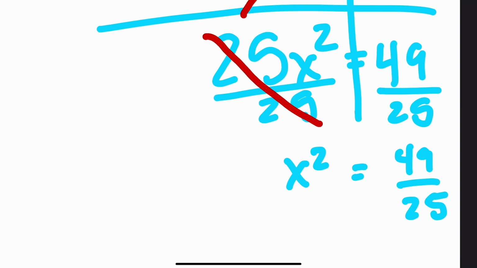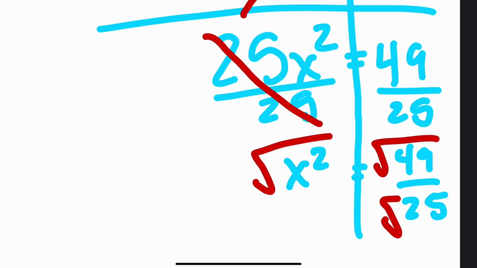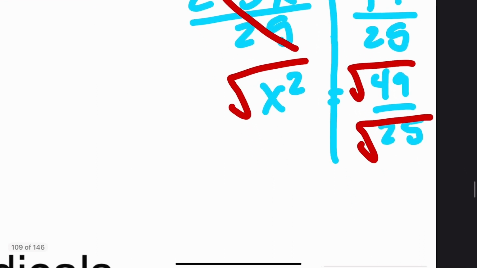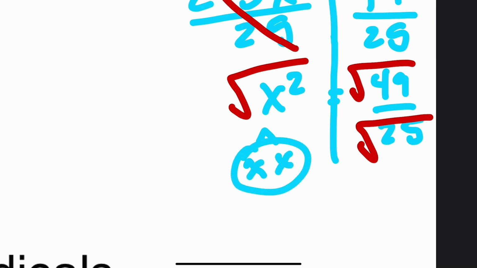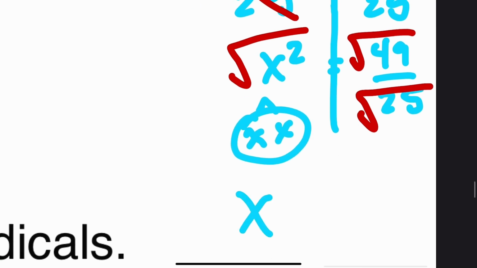Now I'm going to wait to divide these two. Usually our next step would be to do that, but since I need to square root next, I actually just want to square root both of those pieces. Okay, so one at a time. So taking a look, I know that for this guy, I got x times x. There's my pair, so I'm going to be left with an x.